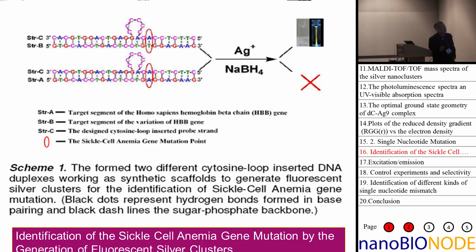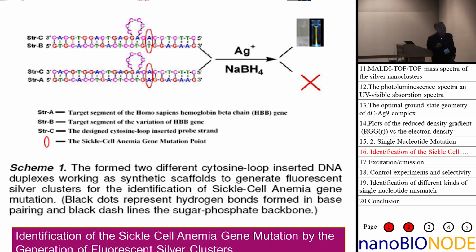So this just shows you that the two different cytosine loops inserted into the DNA duplex work as the synthetic scaffold to generate fluorescent silver nanoclusters for the identification of the sickle cell anemia gene mutation.